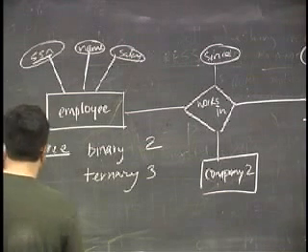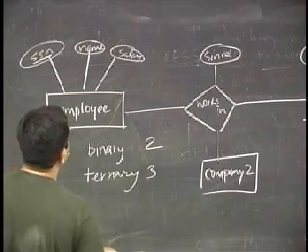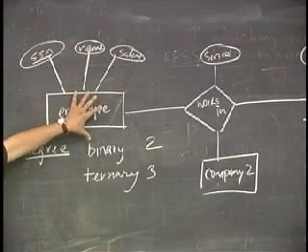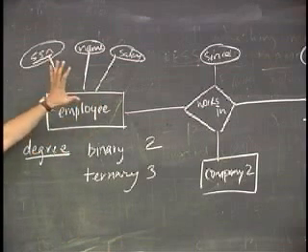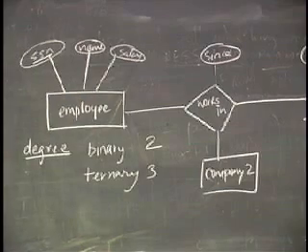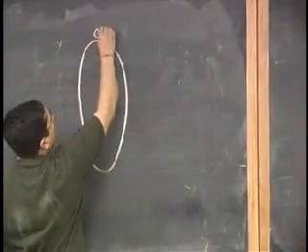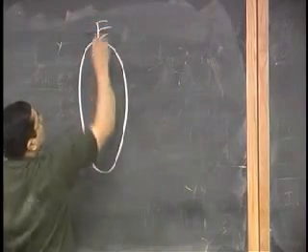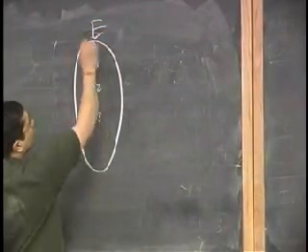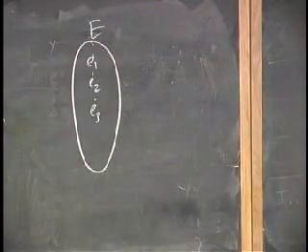Now the term entity set. This is an entity, and a group of similar entities is called an entity set. If you think of an employee entity set here, then E1, E2, E3 are the instances here.